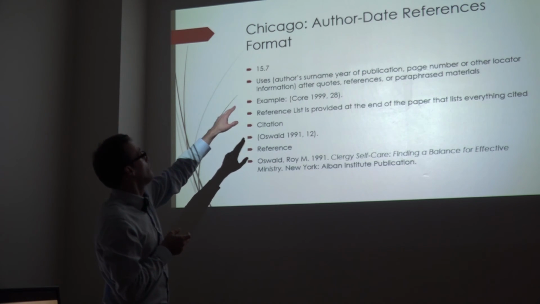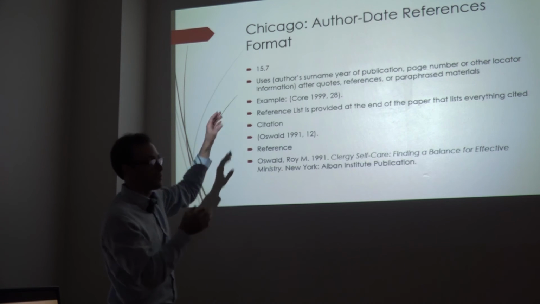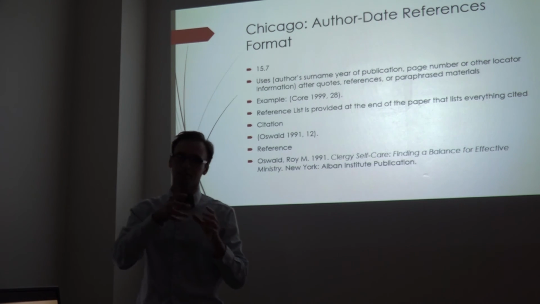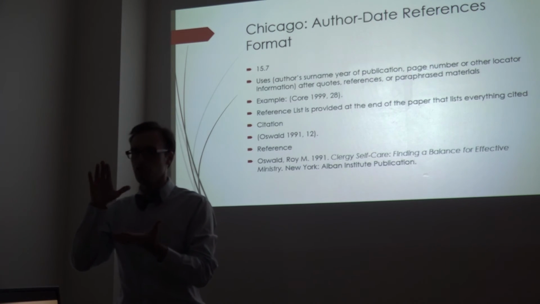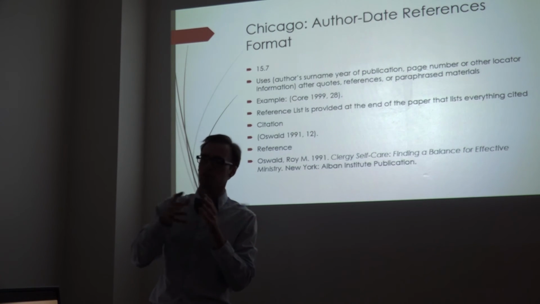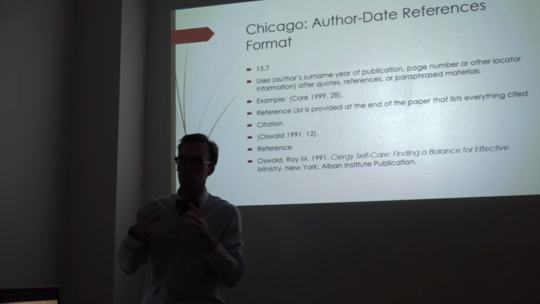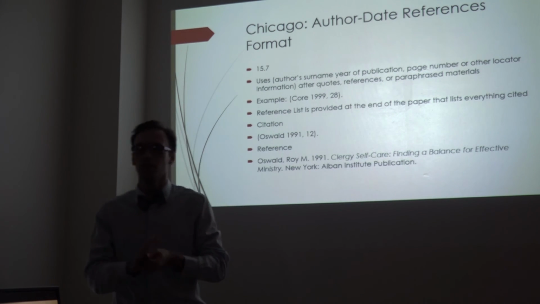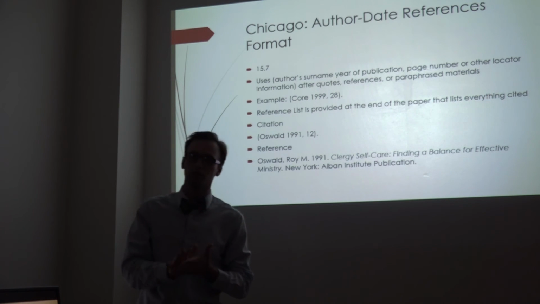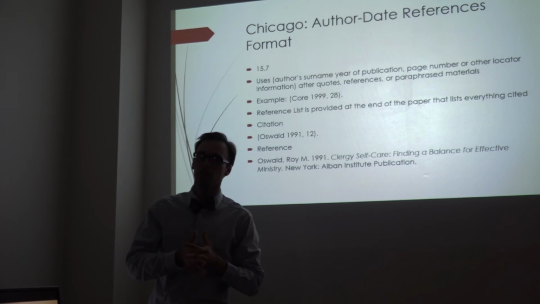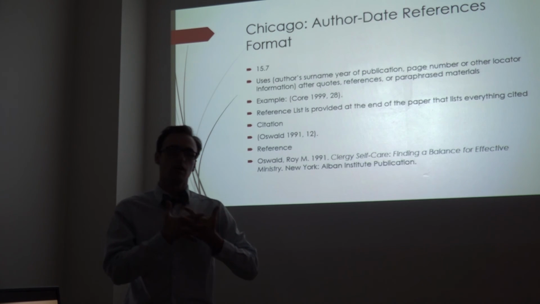It's confusing because there are two different types of citation methods within Chicago, but do not do both. Never do notes and bibliography and author-date together in any way, shape, or form. If you're using footnotes, stay with footnotes, and if you're using the author-date system, stay with it. Just make your choice.